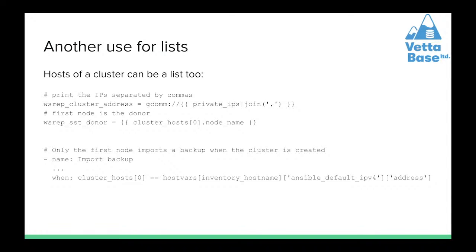When decides if the task should be applied or not, and it is applied only if the first IP in the list is equal to the IP of the current host, okay? So it will be applied only to the first host in the cluster.